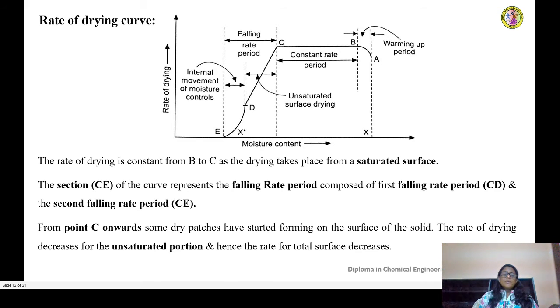The rate of drying is constant from B to C as the drying takes place from the saturated surface. Okay.